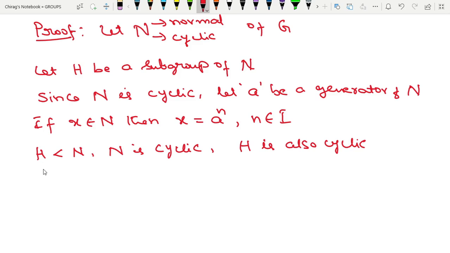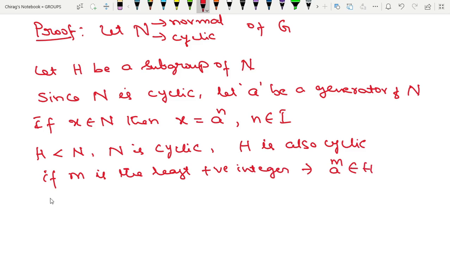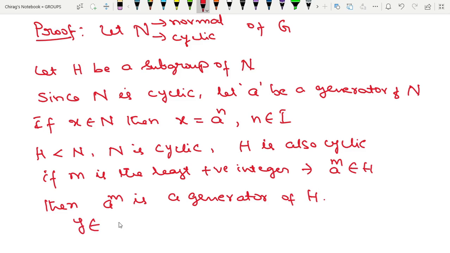While proving this theorem, we also proved that if m is the least positive integer such that a^m belongs to H, then a^m is a generator of H. That is, every element y belonging to H can be expressed as some integral power of a^m.